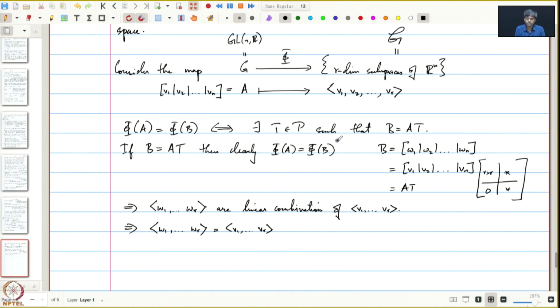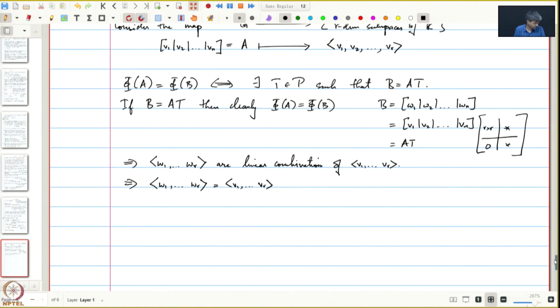Next, let's assume that phi of A is equal to phi of B and show the converse. Then we have that the span of W1 up to Wr is equal to the span of V1 up to Vr.